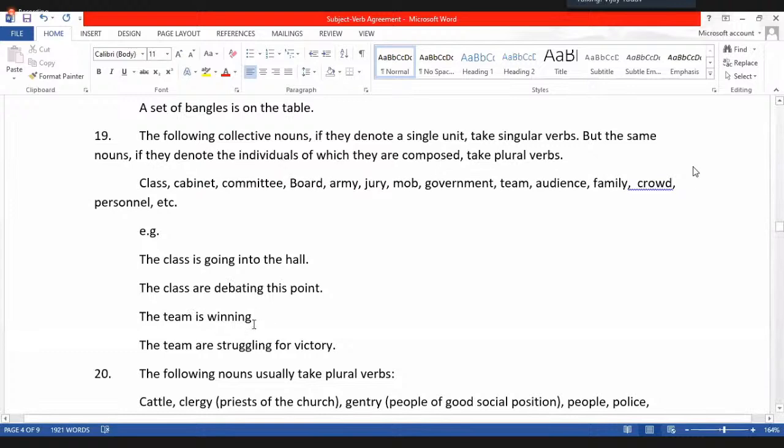It means a single team, maybe team A, team B or team C, any single team. But here, the team are struggling for victory. It means all the players of that particular team are struggling. So that's why the team are struggling for victory.